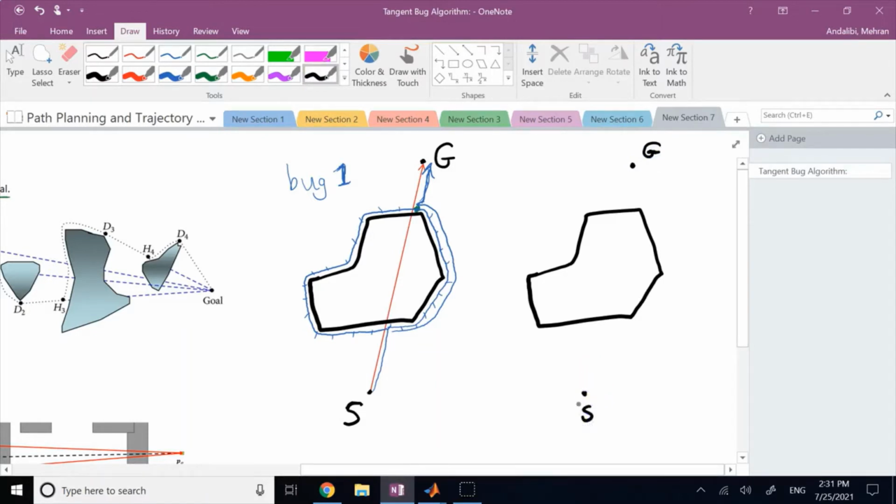So again, you care about this vector, and you go from start to this point, then keep going around the obstacle.